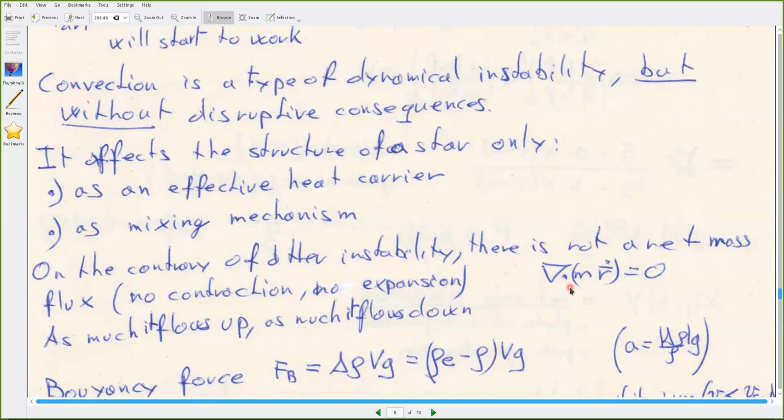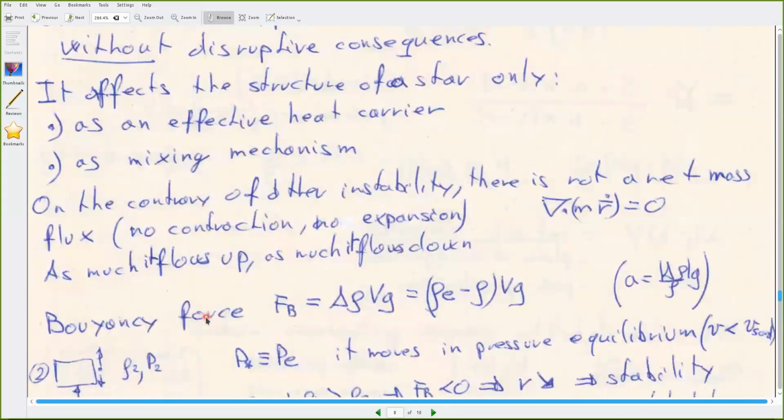It's like in a magnetic field, where as many lines go out, as many come back in. So there is not a net mass flux, so you have no contraction or expansion. As much as it flows up, as much as it flows down, it's maintained.